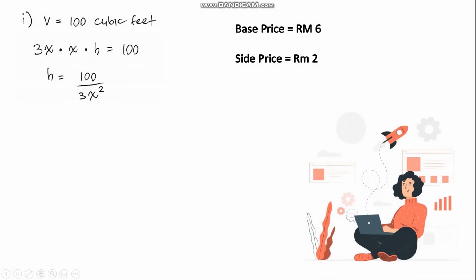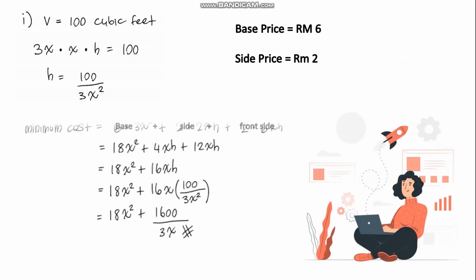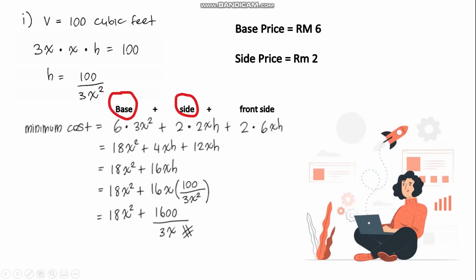Next, you can find the equation for minimum cost. To find it, you have to add three things, which are base plus side plus front side. You can see here 6 times 3S squared plus 2 times 2SH plus 2 times 6SH, equal to 18S squared plus 4SH plus 12SH, and then you can simplify it to become 18S squared plus 16SH.